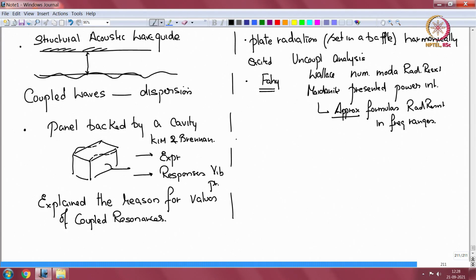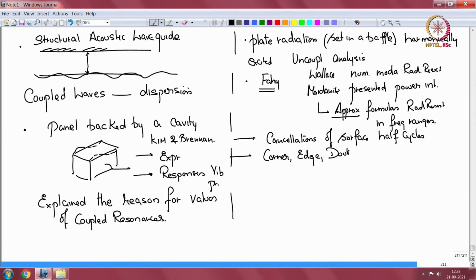And he is the one to discuss cancellations of surface half cycles, and discuss corner modes, edge modes, double edge modes, acoustically fast modes.